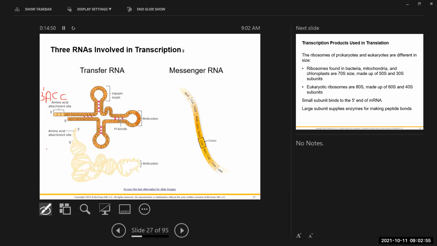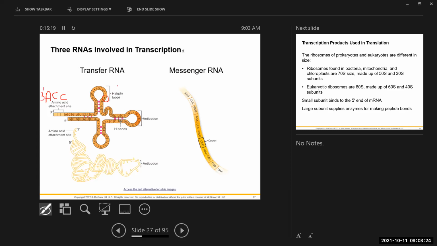Then they fold into these 3 loops like this. One of these loops essentially has this thymine right here. Oh, wait a minute, RNAs don't have thymine. This one does. That thymine is introduced after transcription. That's a post-transcriptional modification of the tRNA.